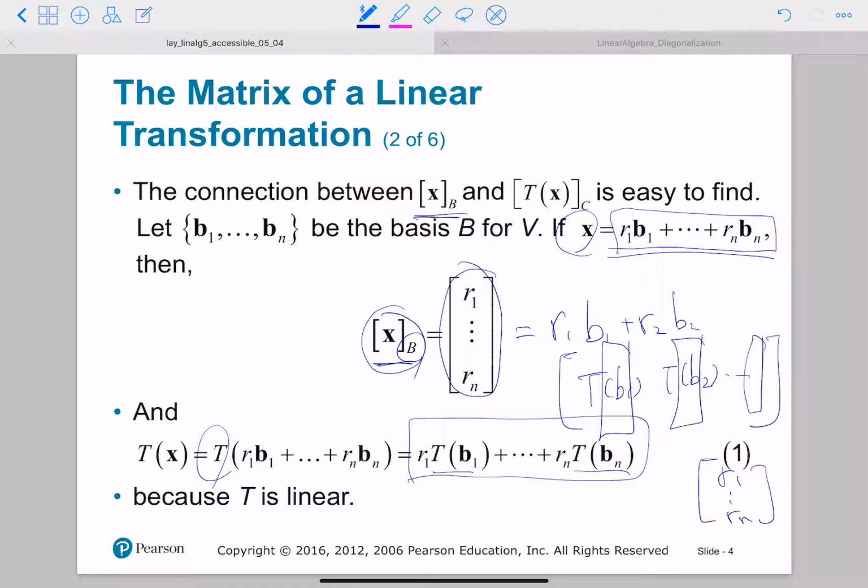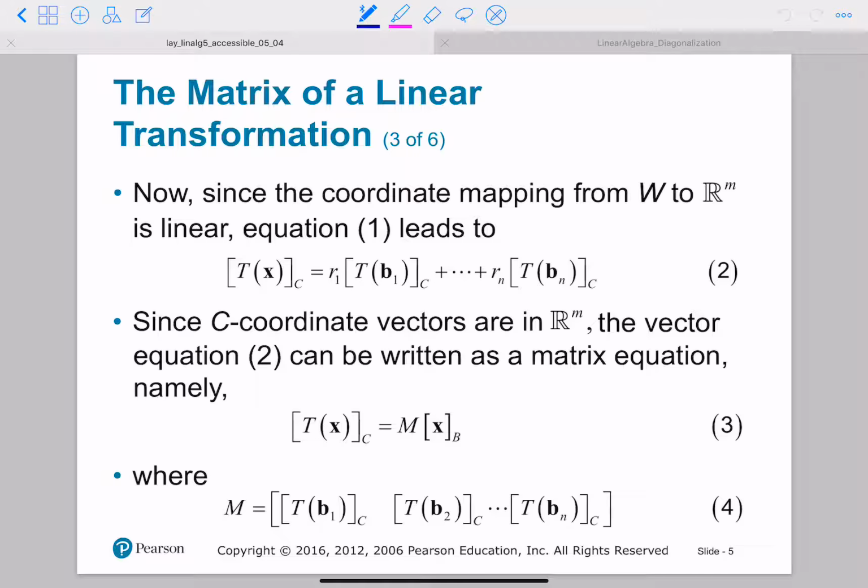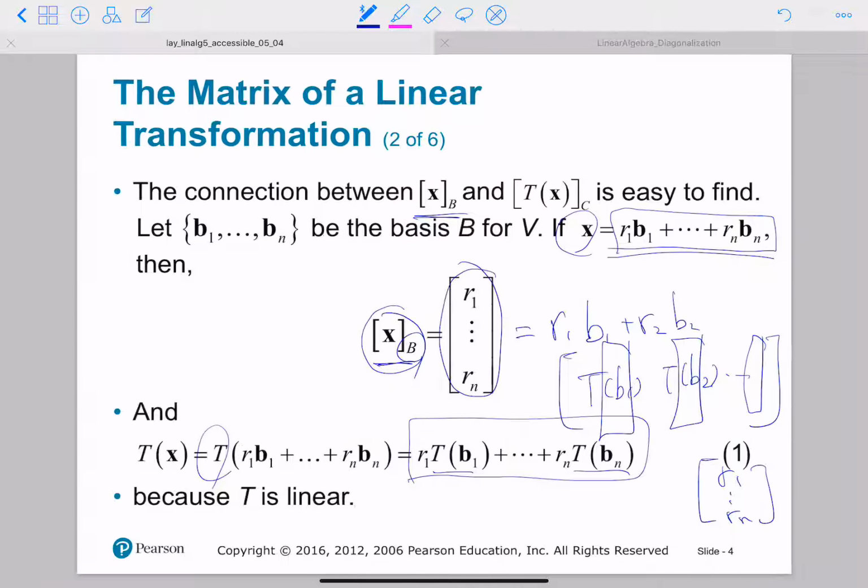But here let's think of this output vector. This guy is represented in the standard basis, right? Because b1 through bn, all of them are represented as coordinate vectors with respect to the standard basis, right?